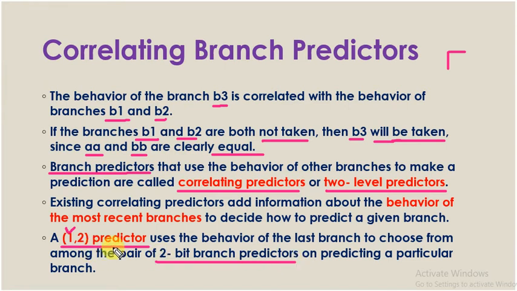So in this situation, the (1,2) predictor will take the behavior of the last branch to choose from among the pair of 2-bit branch predictors on predicting a particular branch. That is called a (1,2) predictor.